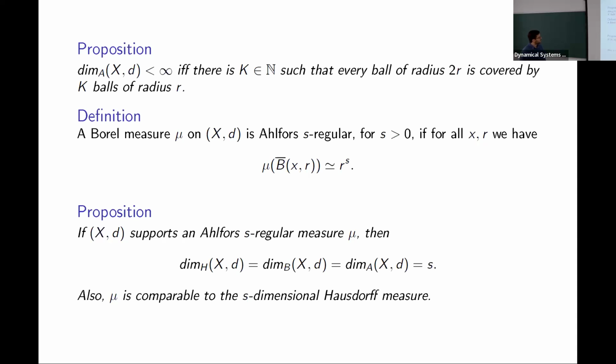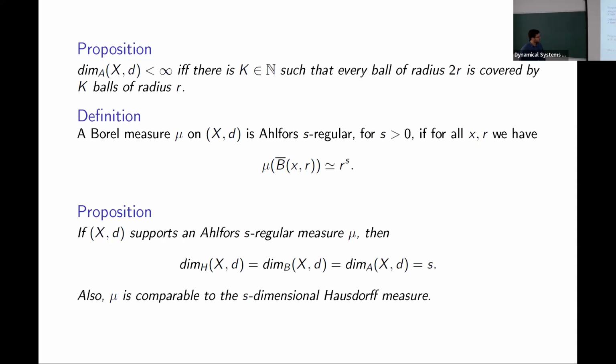Okay. Now, another thing that we will focus on is Ahlfors regular measures. These are measures so that every ball of radius r has volume r to the s. Not on the nose, but in a uniform way, in the sense that there are positive constants C1 and C2, so that the volume of this ball is greater than or equal to C1 times r to the s and less than or equal to C2 times r to the s.